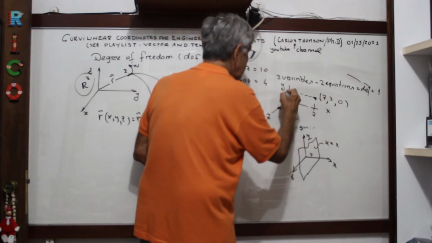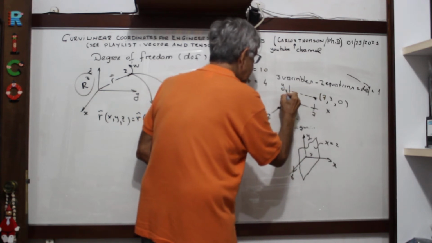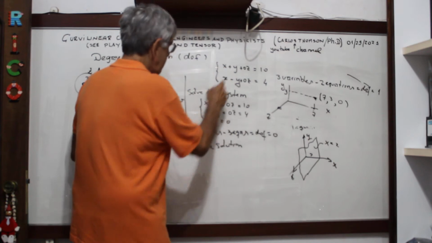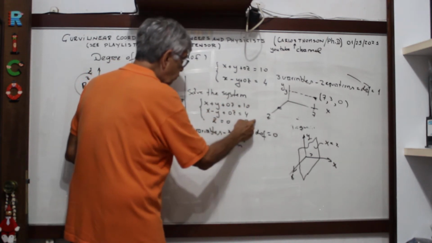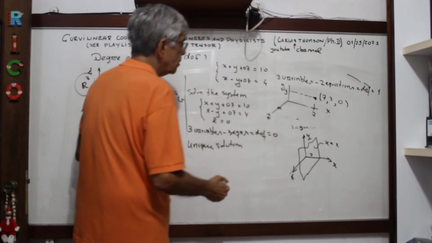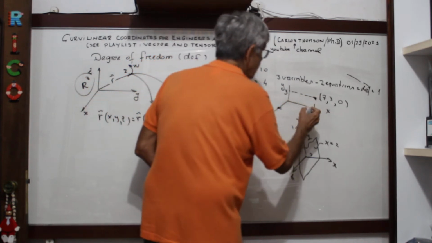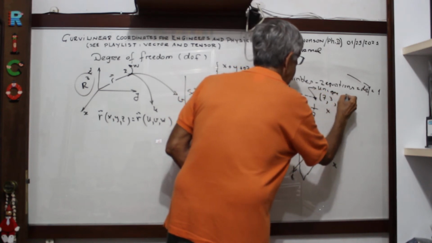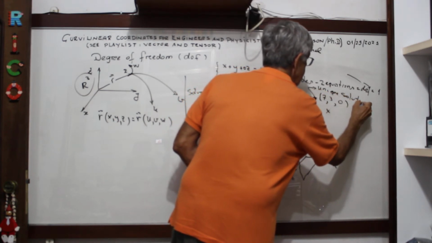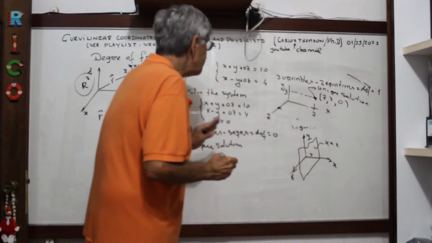That's the solution. Okay, 7 plus 3 is 10, 7 minus 3 is 4, and z is equal to 0. So that's the solution. Here I have a unique solution.